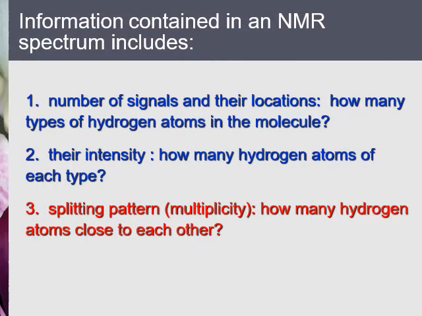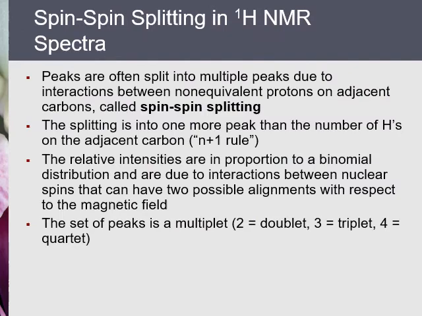We just discussed the number of signals, their locations, and their intensity. Next we're going to talk about the splitting pattern, the multiplicity: how many hydrogen atoms are close to each other? The proton NMR peaks are often split into multiple peaks due to interaction between non-equivalent protons on adjacent carbons, called spin-spin splitting.